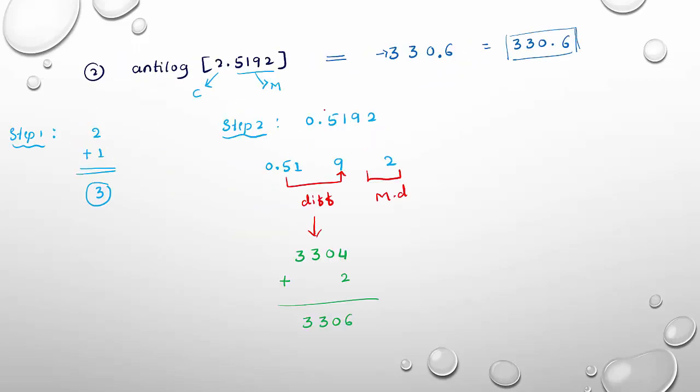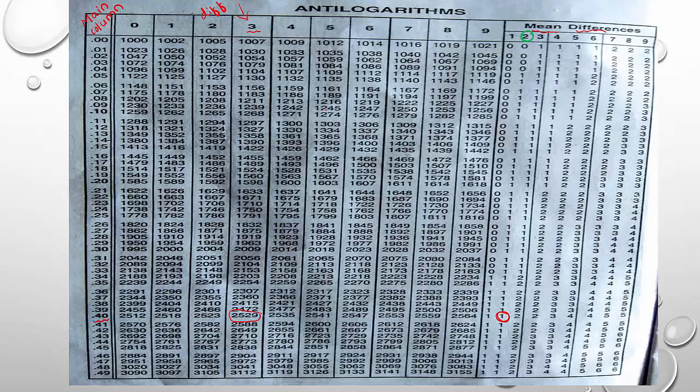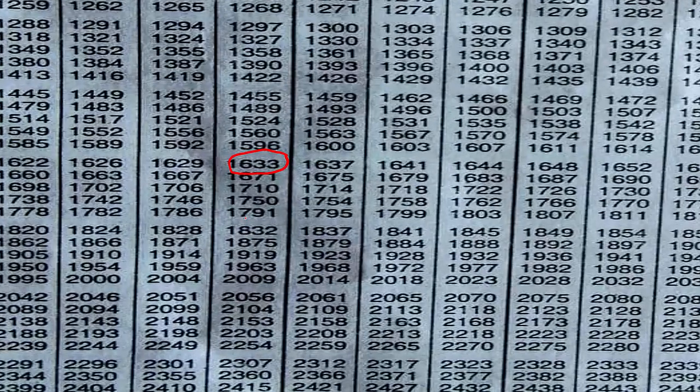0.21 at 3. Here, you can see the number 0.21 in the main column. We have to observe 0.21 at 3, 3 in the difference column. So we got 1633. Can you see this number 1633?